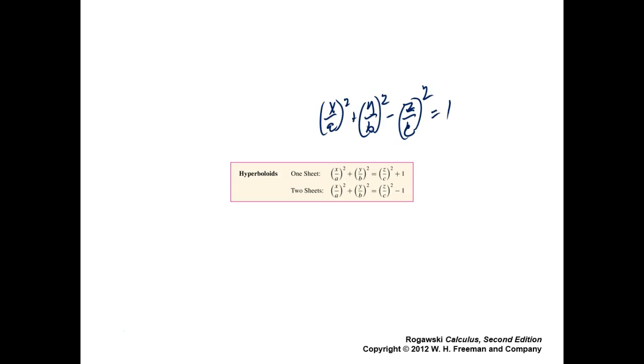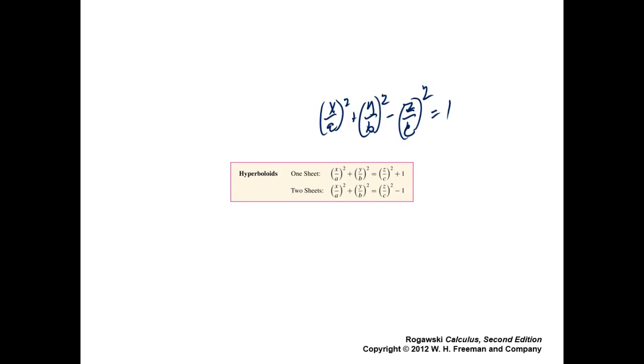Z can't be less than c, because then this ratio is less than 1, and when you subtract 1 from it, you get a negative number. That can't be negative, ever. So this says that your z has to be greater than positive c or less than negative c, because this value has to be 1 or greater for this to make sense.